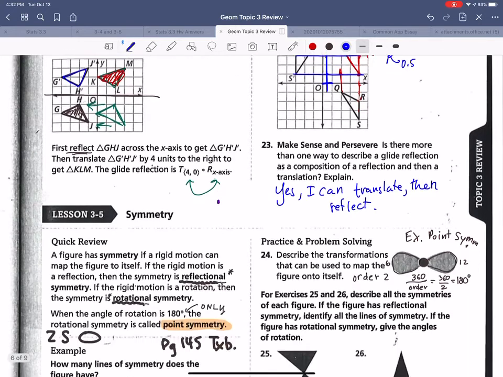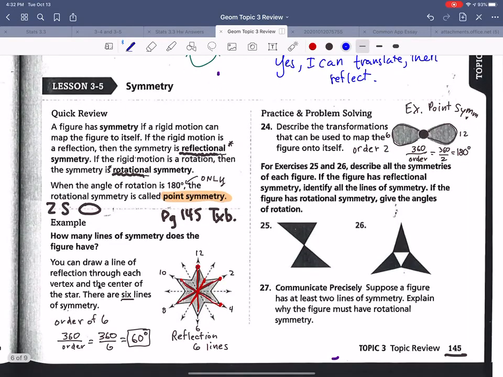Nice. Okay, let's do this last section. We reviewed lesson 3.5 in class together, and we want to describe 24. And in most classes, we already did that. So it says, describe the transformations that can be used to map the figure upon itself. So here we can rotate, right? It has a rotation symmetry of order 2.